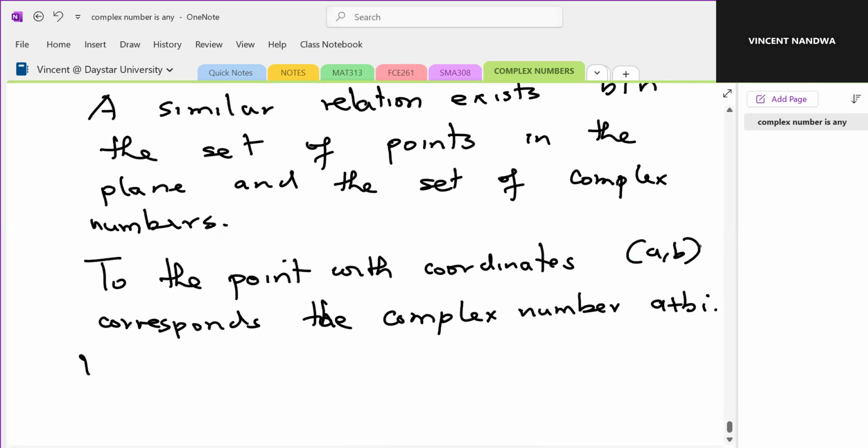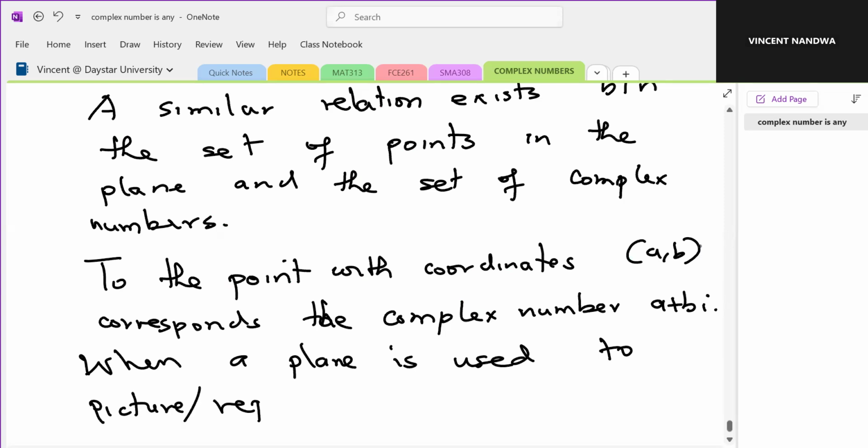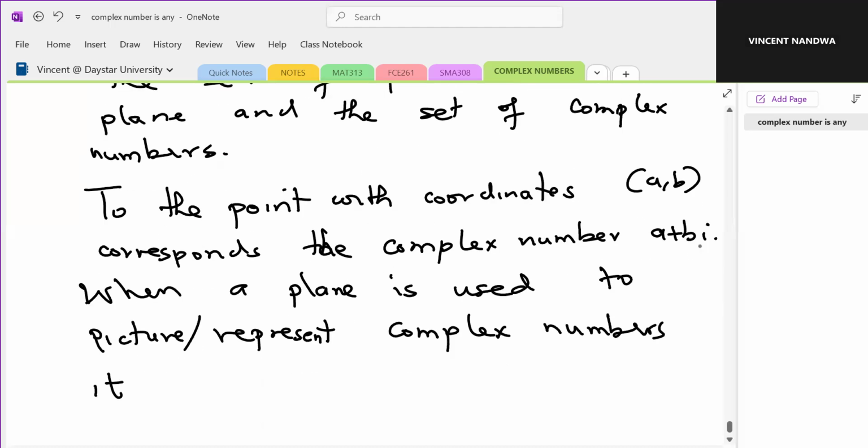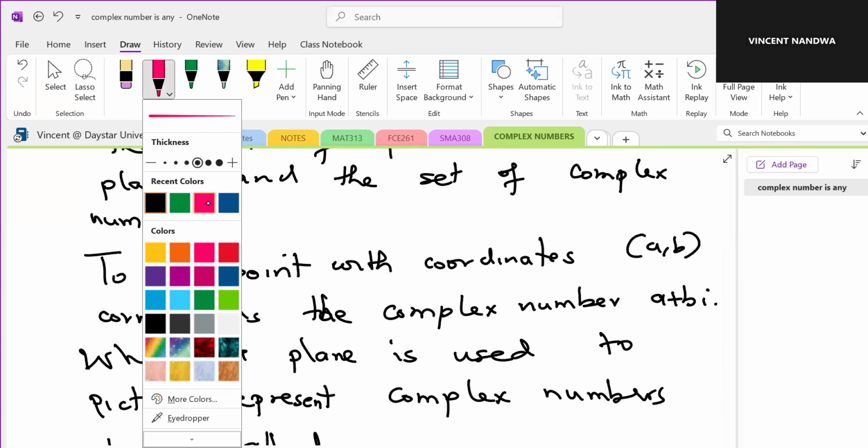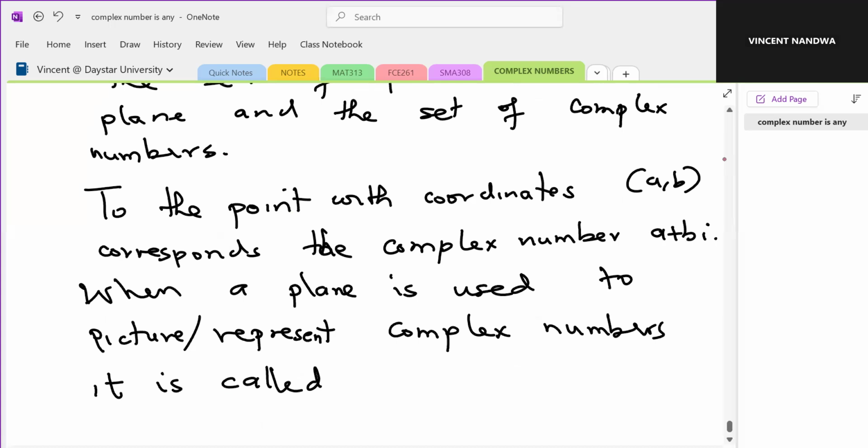So when a plane is used to represent complex numbers, it is called the complex plane, or complex number plane.